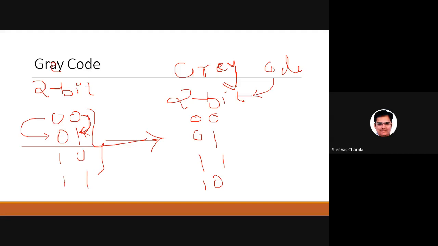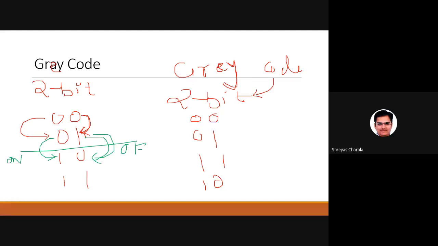But when it goes from 01 to 10, two transistors need to toggle. Toggle means from 0 to 1 this transistor should be on, and from 1 to 0 this transistor should be off. Whenever any electronic component is switched on and off, it dissipates power.